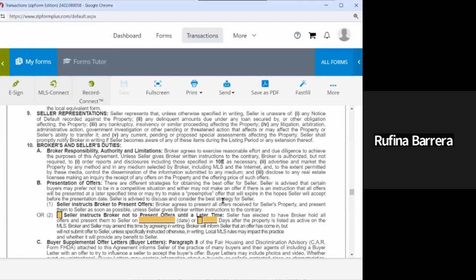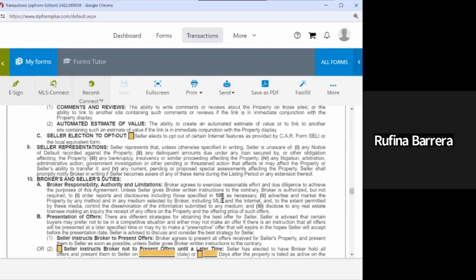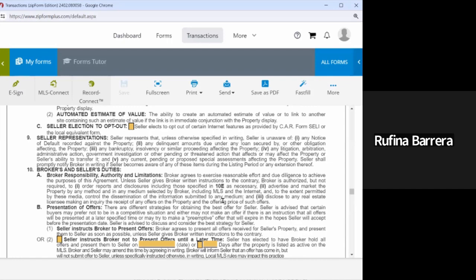If for some reason the listing doesn't start on the 16th and the owner decides that they need 2 more weeks, what do you do?